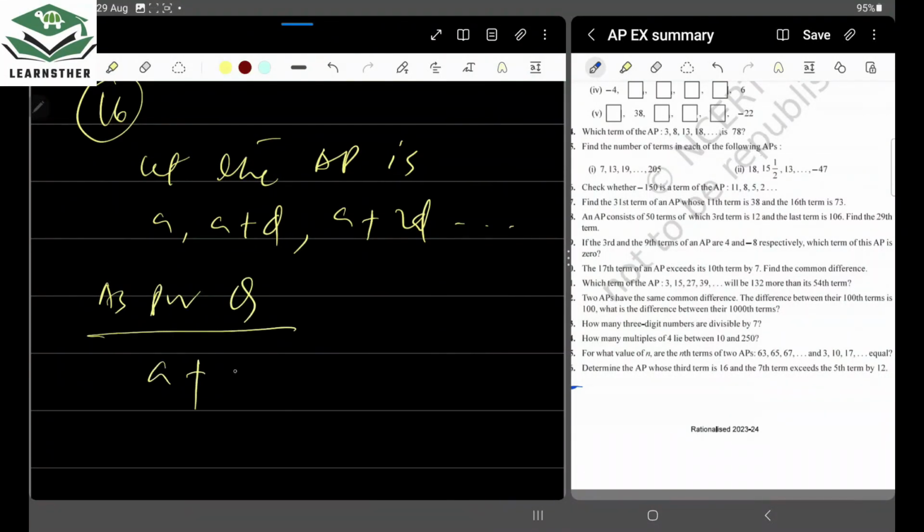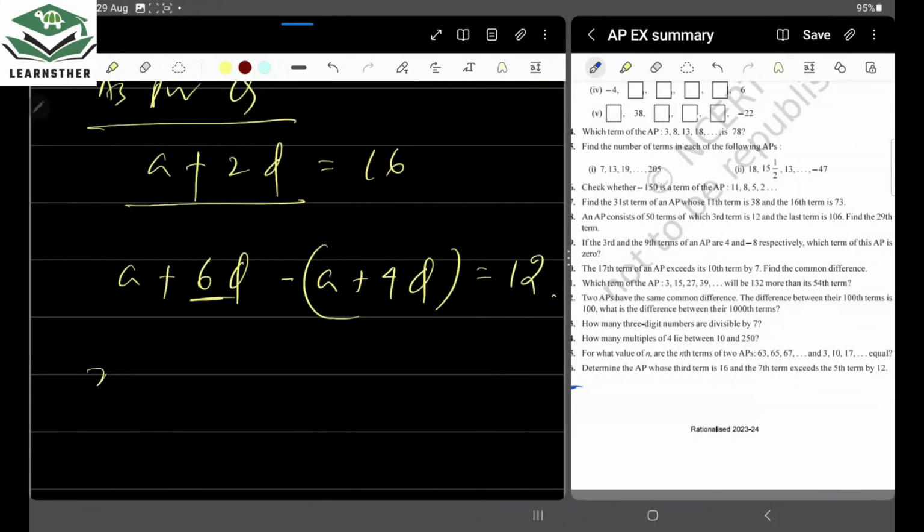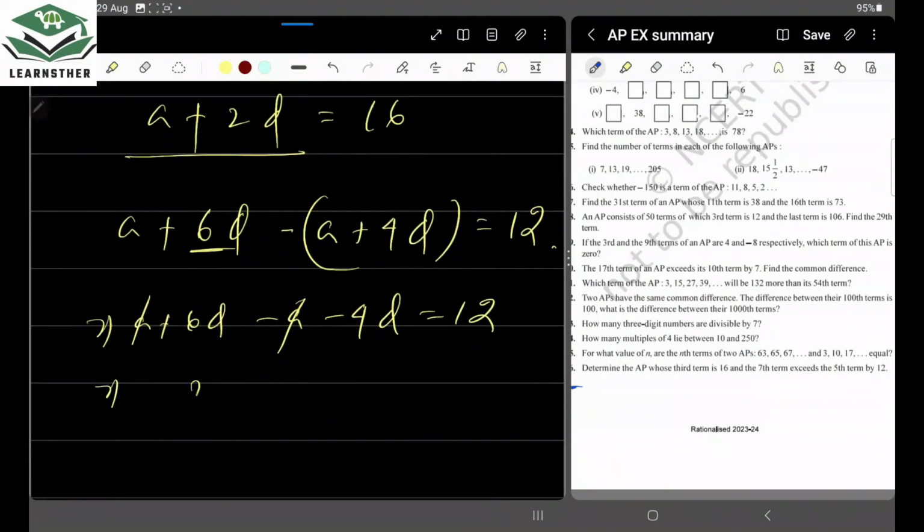Third term, a plus 3 minus 1, so 2d, equals 16. The 7th term is a plus 6d. The 7th term exceeds the 5th term, the 5th term will be a plus 4d, by 12. So a plus 6d minus a minus 4d is equal to 12. The a got cancelled. 2d is equal to 12.